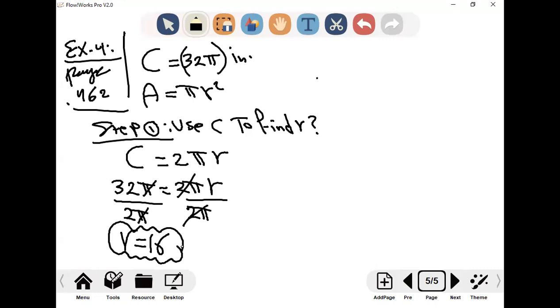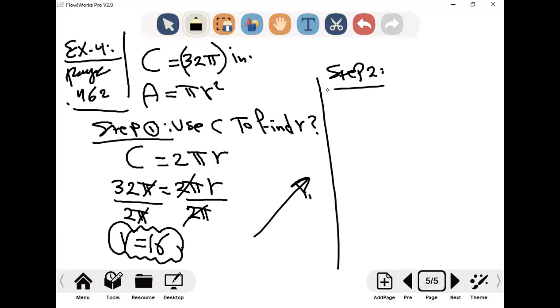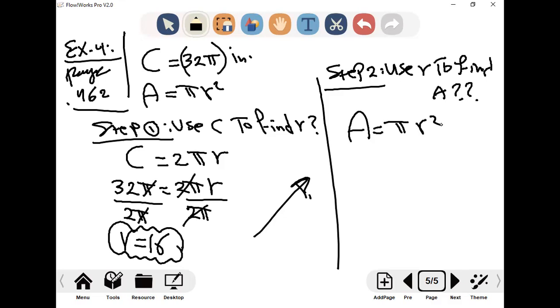Now I need to find step 2, right? Step 2. What is step 2? Use radius to find the area. Write the formula. A equal pi r power of 2. That means 3.14 multiply the radius, how much? 16, power of 2.